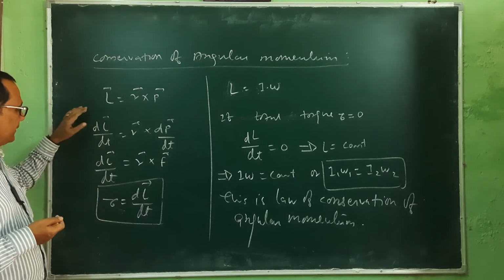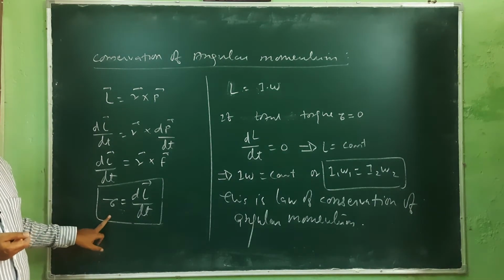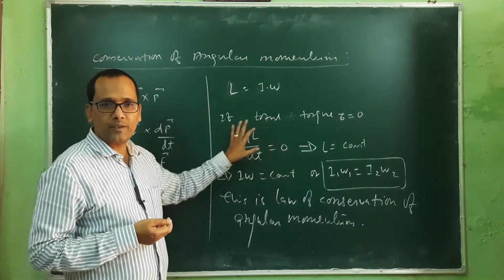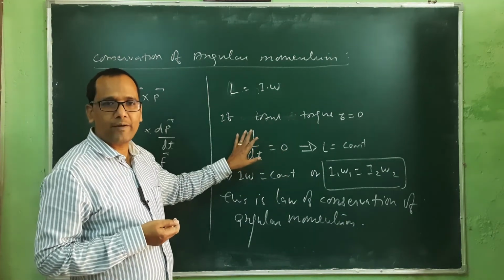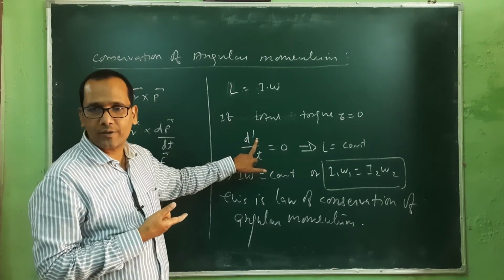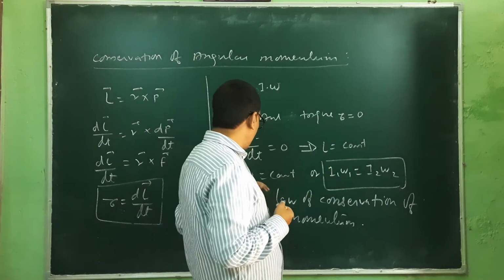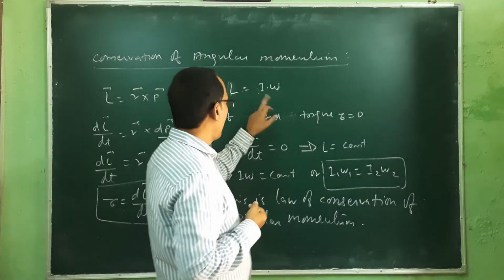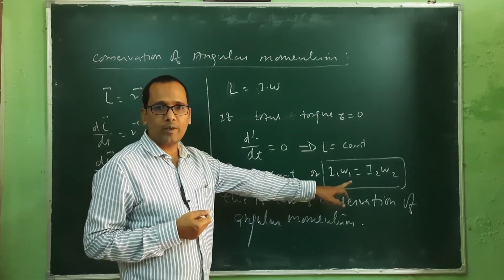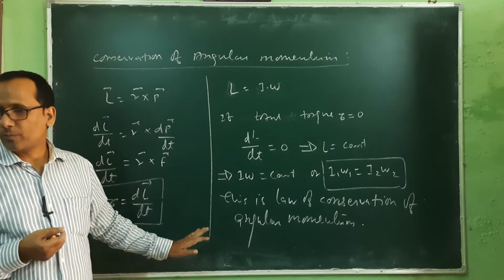And here total torque tau is equivalent to dL by dt. If the total torque is 0, then dL by dt is equal to 0. From the definition of this derivative, if it is 0, then L is either 0 or constant. L constant means angular momentum is constant, and since L is equivalent to I omega, I omega is equal to constant, and one can also write I1 omega 1 is equivalent to I2 omega 2. This is conservation of angular momentum.